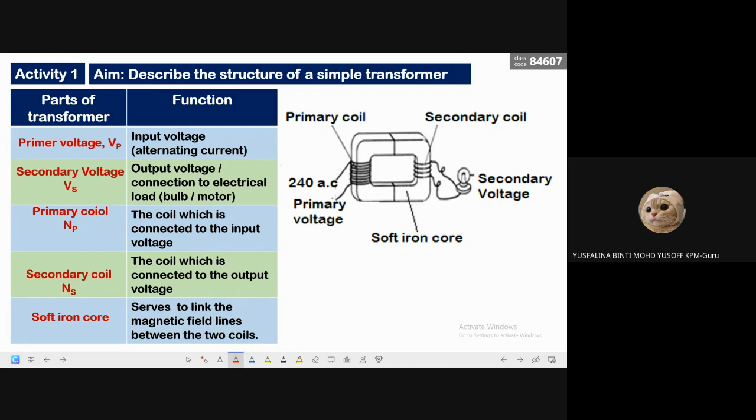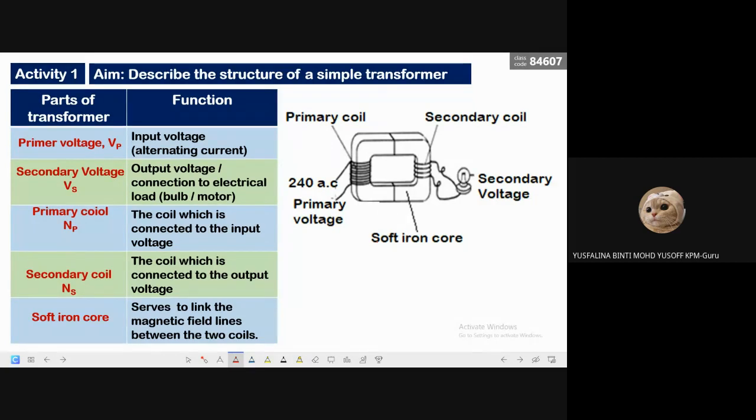This is a secondary coil, or we call it the secondary voltage, and this is a soft iron core. So they must use a soft iron core. That is a different function. Why do we use the iron core and soft iron core? That one we will discuss later. Why do we use the iron core?